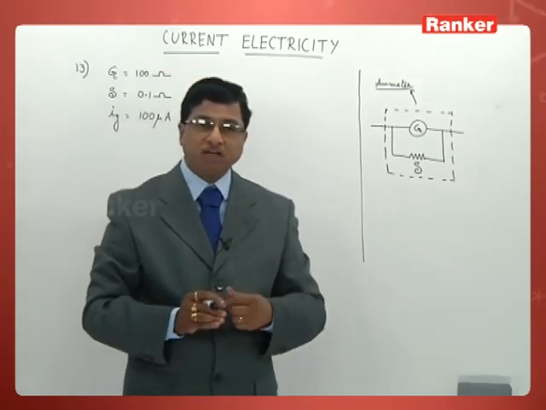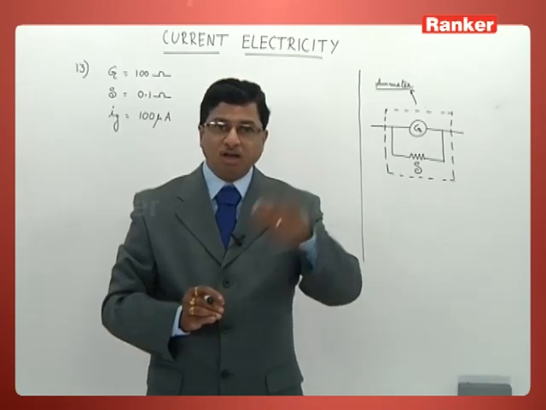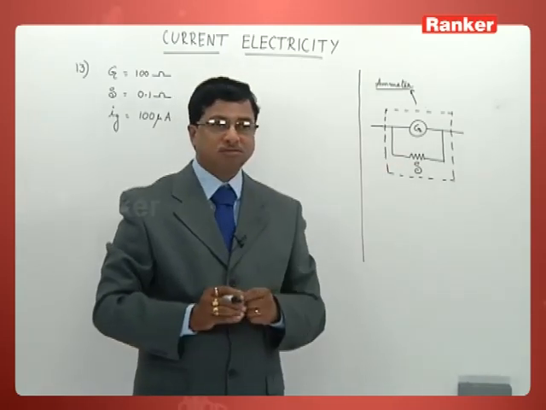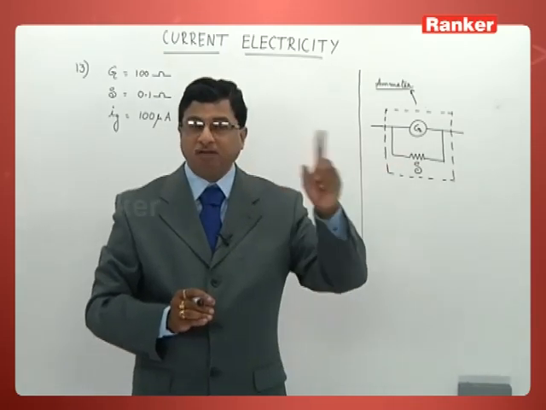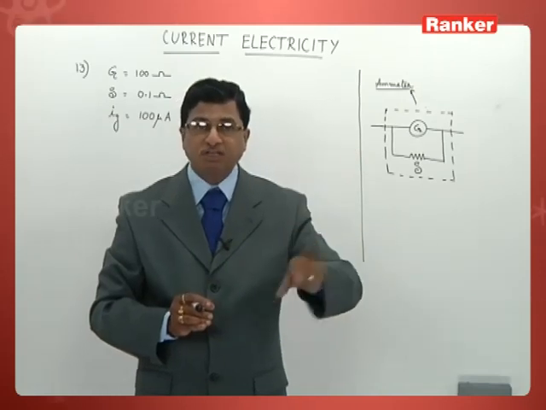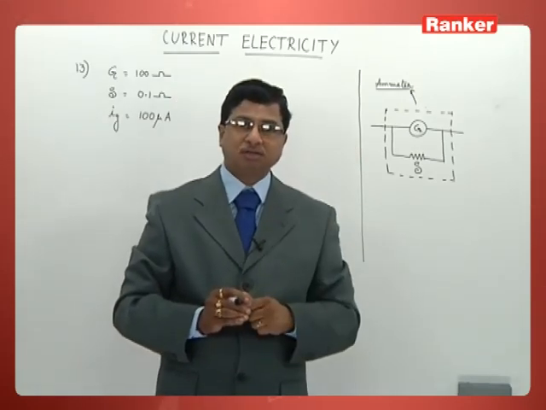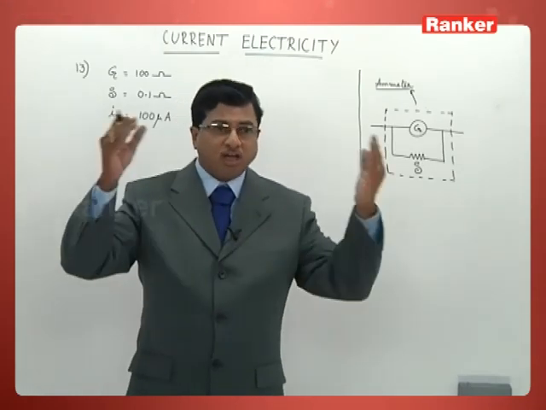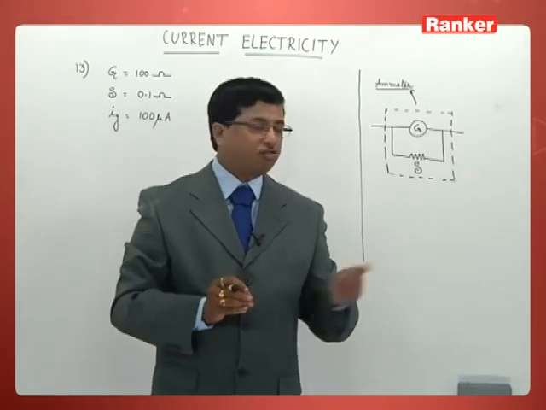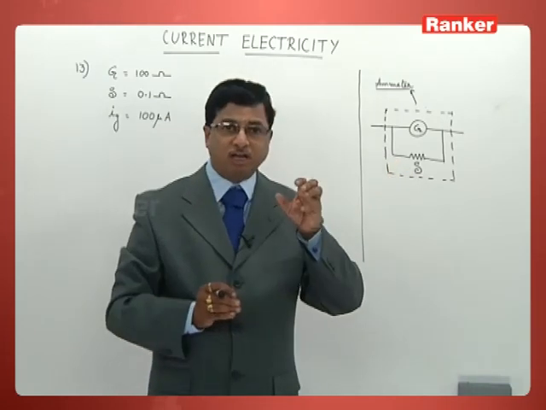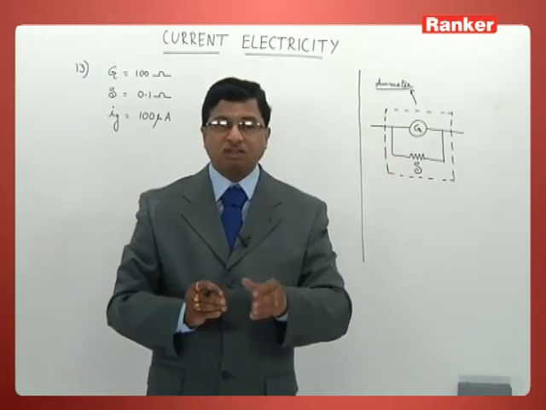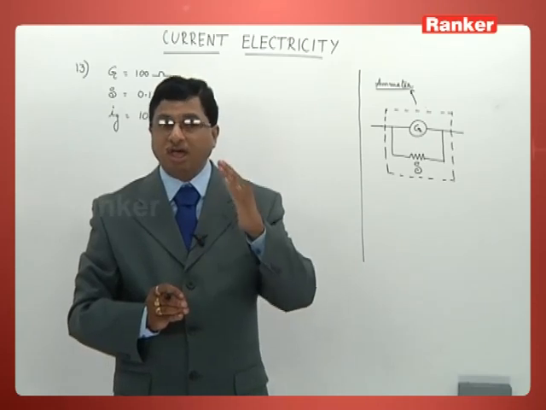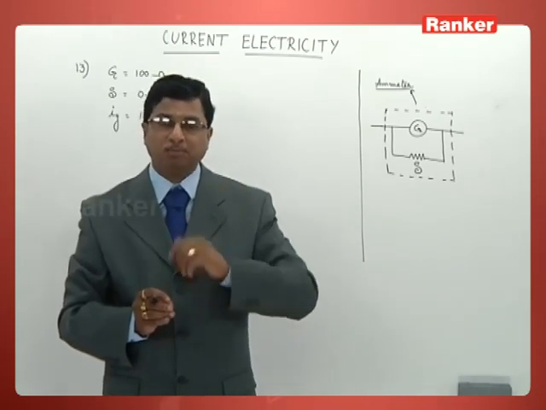What is the meaning of it again? The smaller the value of S, the greater the current you can measure using that ammeter. If you want to measure larger currents using an ammeter, then the shunt resistance we are connecting there is supposed to be as small as possible.